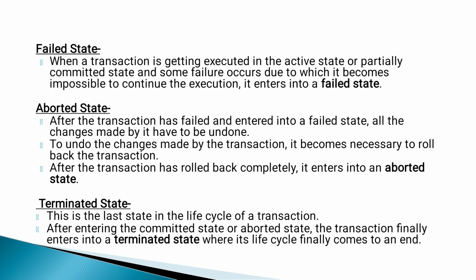Or if an aborted state happens, it rolls back the process, then it comes to the terminated state. It is the final state, and the life cycle of the transaction is completed.